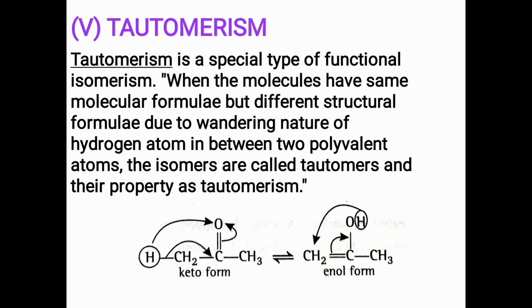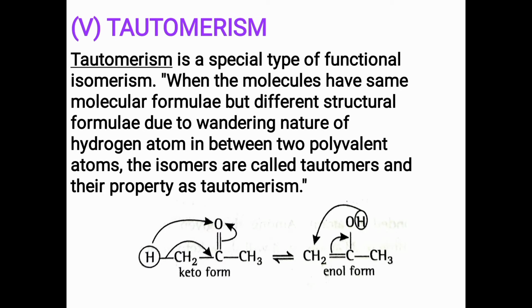Now, tautomerism. Tautomerism is a special type of functional isomerism when the molecule has the same molecular formula but different structural formula due to the wandering nature of a hydrogen atom between two polyvalent atoms. These isomers are called tautomers and their property is known as tautomerism. It can also be considered a dynamic equilibrium.